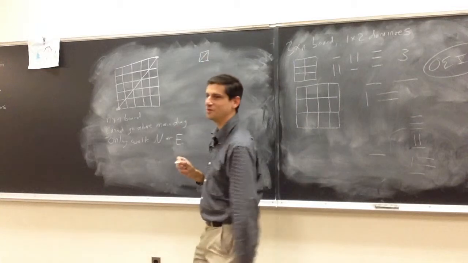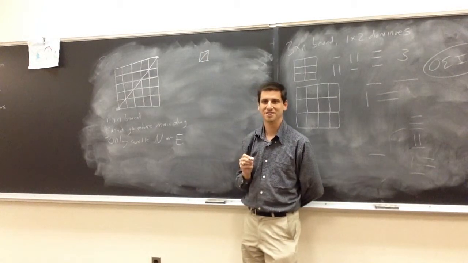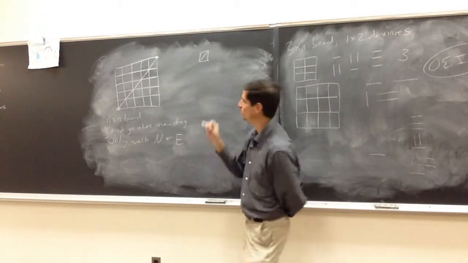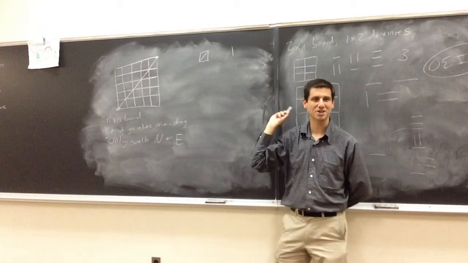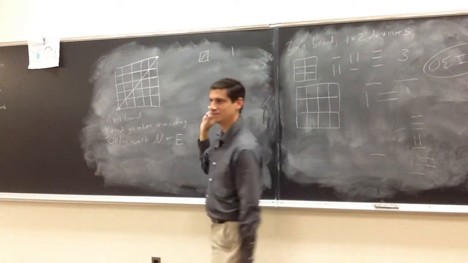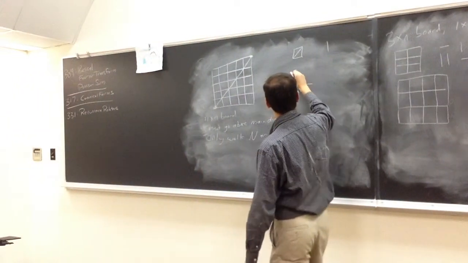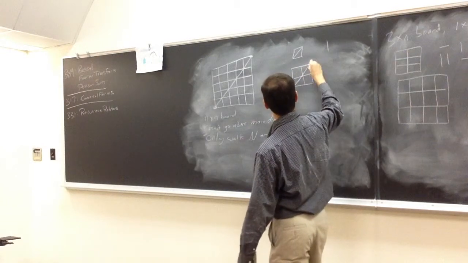You're never allowed to go above the main diagonal. You can only walk north and east. How many? There's only one way. I hear something being moving, which is amazing because I didn't think there was anybody else down here. All right, now what do we look at? 2 by 2 case. How many paths are there?